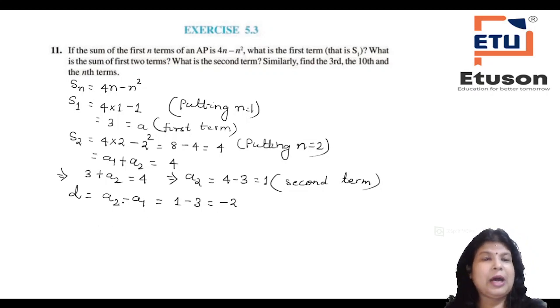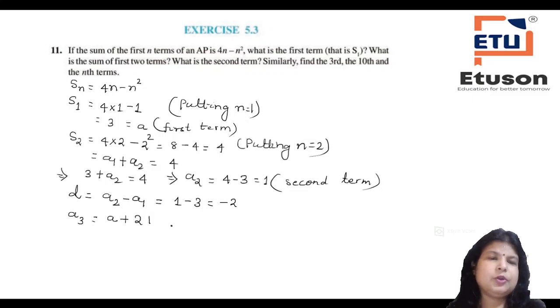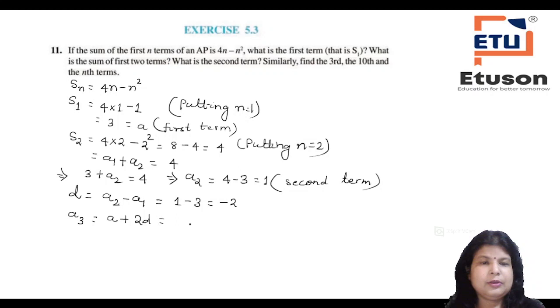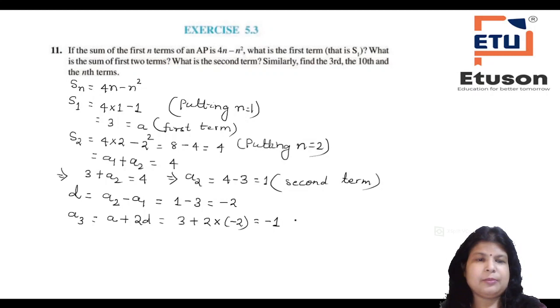Right? After finding out the common difference, you can easily find out the third term, A3. A3 is equal to A plus 2D. Correct or not? What is A? A is 3. What is D? D is minus 2. What is your answer then? 3 minus 4, that is minus 1.